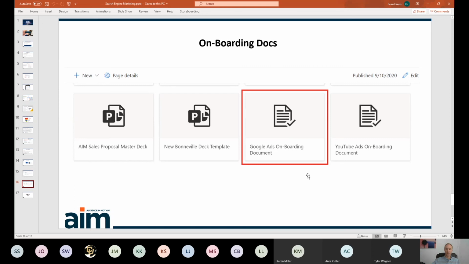One thing we'll need is to add a container tag to their website so that we can actually track those form fills and calls and report on them and optimize the account accordingly. So this onboarding doc is very important if you have a client that's interested in getting started with Google Ads. We also have a YouTube onboarding doc as well, which has some similar information in there.